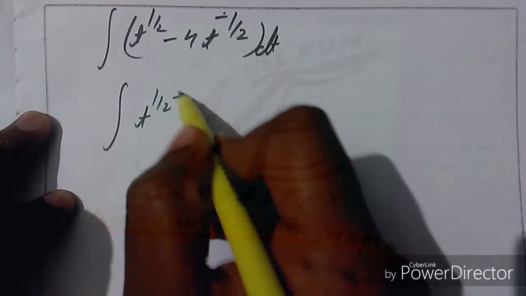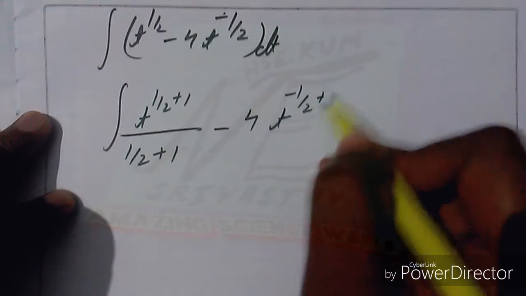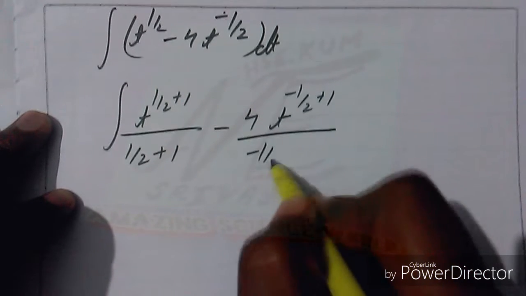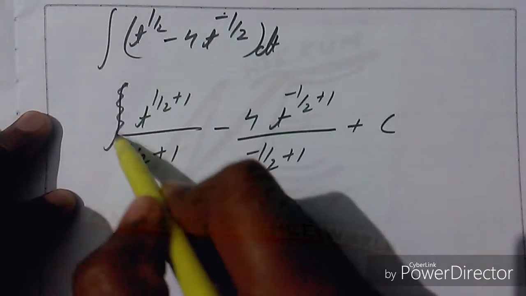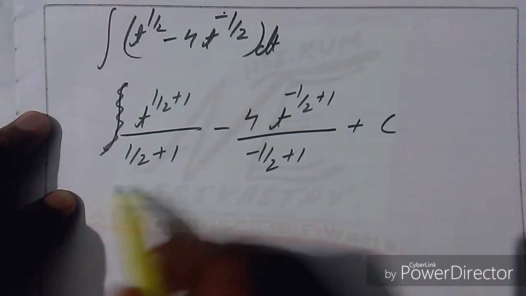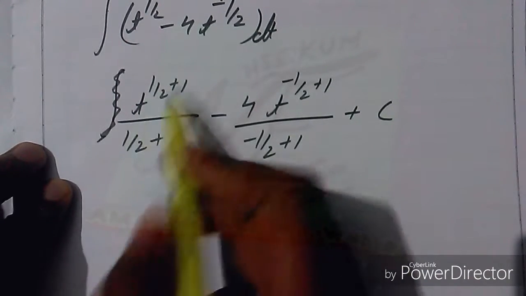Now we integrate this function, and the integration is t to the power 1 by 2 plus 1 by 1 by 2 plus 1, friends, minus 4t to the power minus 1 by 2 plus 1 by minus 1 by 2 plus 1 plus c. Sorry, not from the integration sign. We integrate this already. Now what will come? We solve it.